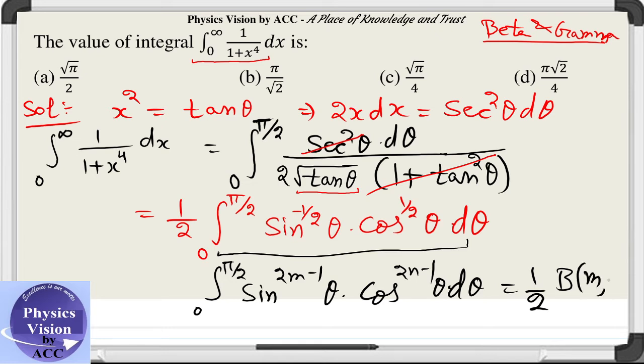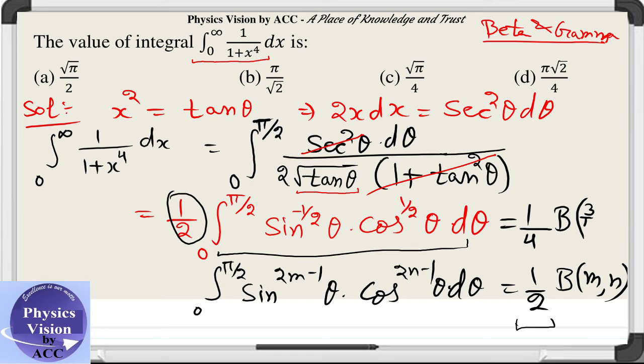Comparing these things and writing it down here, we have this 1 by 2 outside, and outside this beta gamma function it becomes 1 by 2 multiplied with this 1 by 2, that is 1 by 4, and then we have beta, and the values of m and n we obtained by comparing these values come out to be 3 by 4 comma 1 by 4.